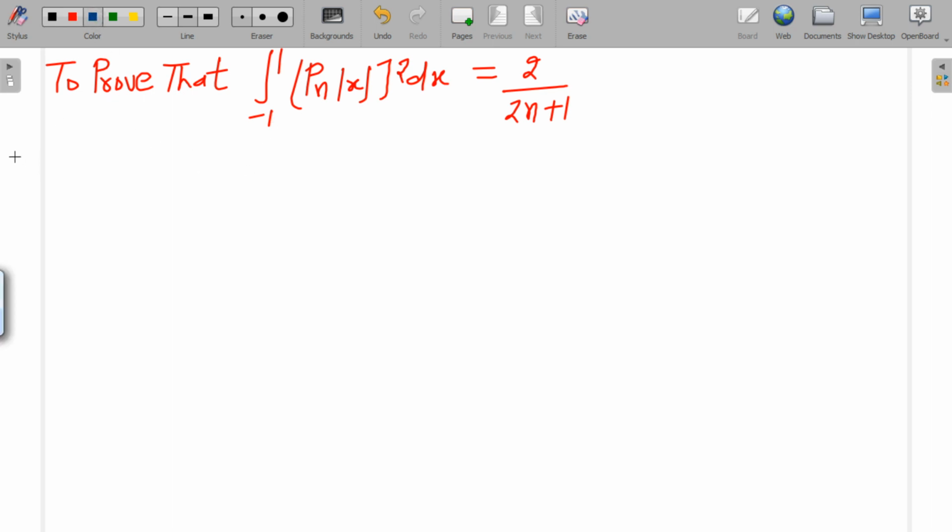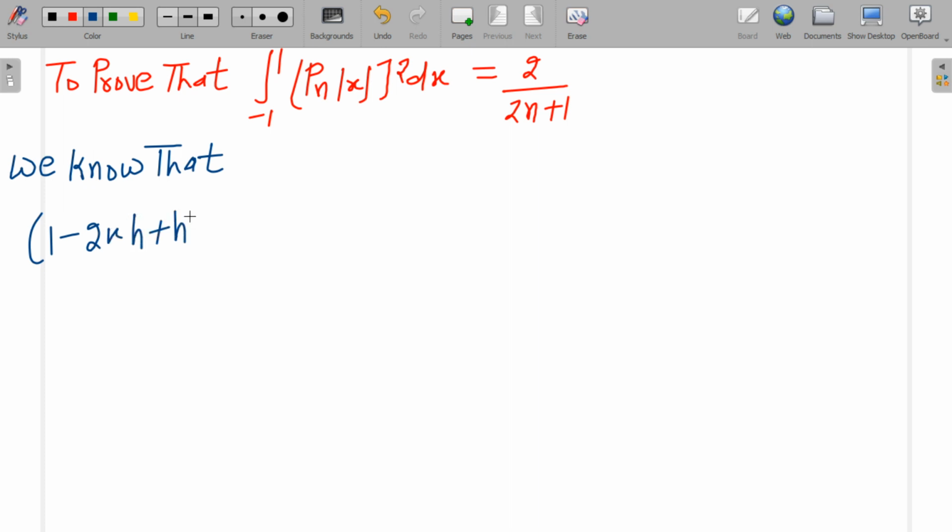We know very well the fundamental formula: (1 - 2xh + h²) to the power -1/2 is equal to the summation from n = 0 to infinity of h to the power n into Pn(x).